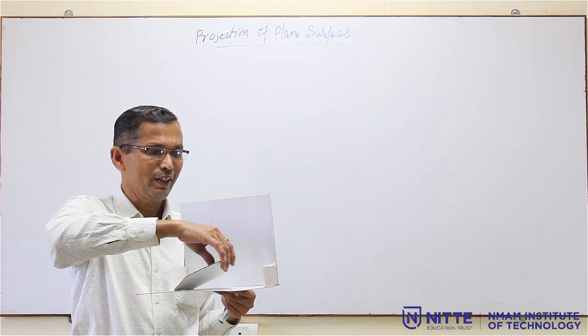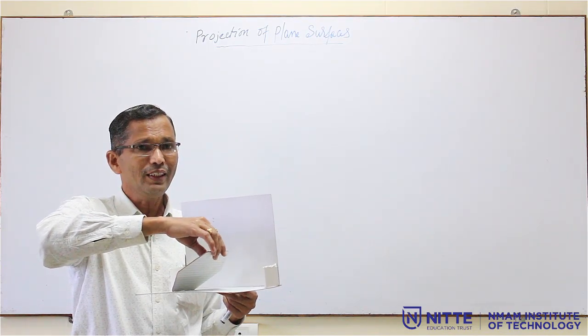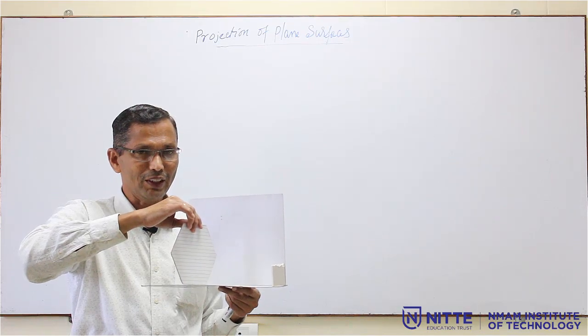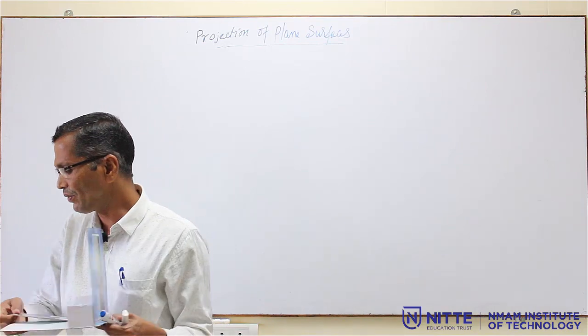What is the next step? Next step is you have to touch the same edge which is on HP, you have to touch it to the VP like this. So, this is how you have to solve it.